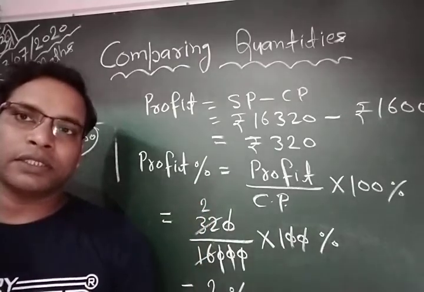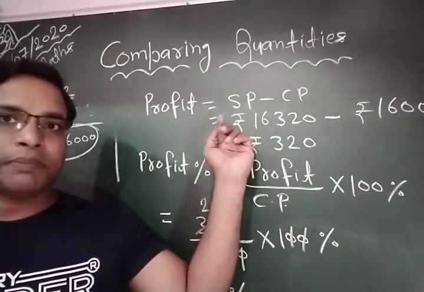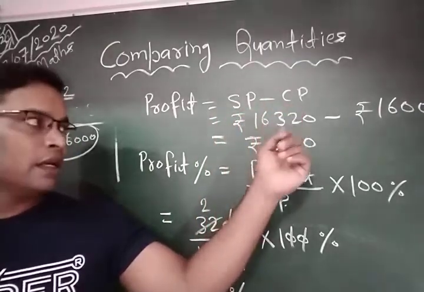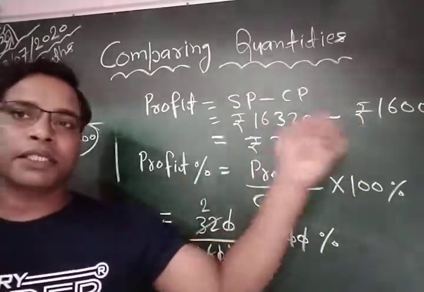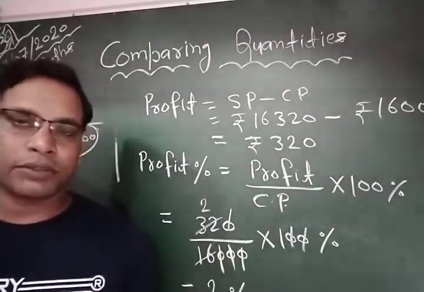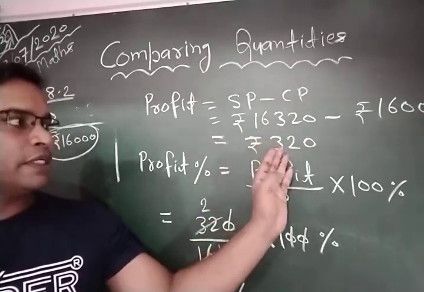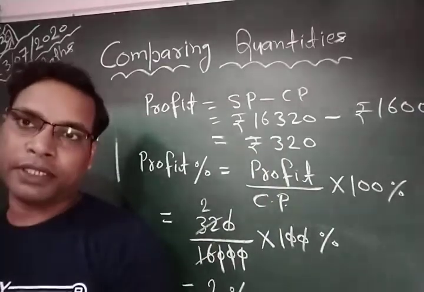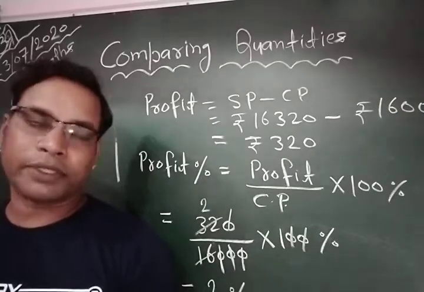In this case the SP is greater than CP, so it means that in the whole transaction we have profit. Profit is equal to SP, meaning selling price, minus cost price. Selling price is 16,320 minus cost price 16,000, which is given in the question. So we find profit is 320. Now the profit percentage is equal to profit by cost price into 100%.